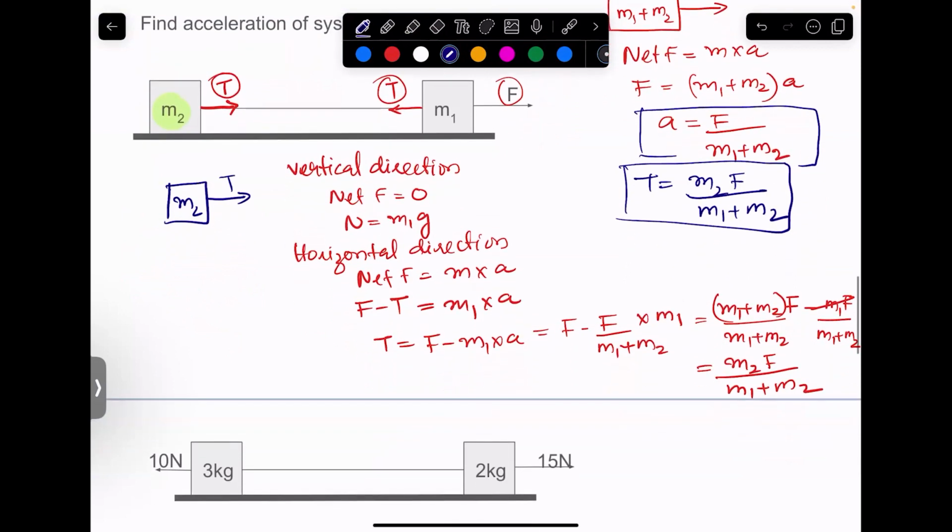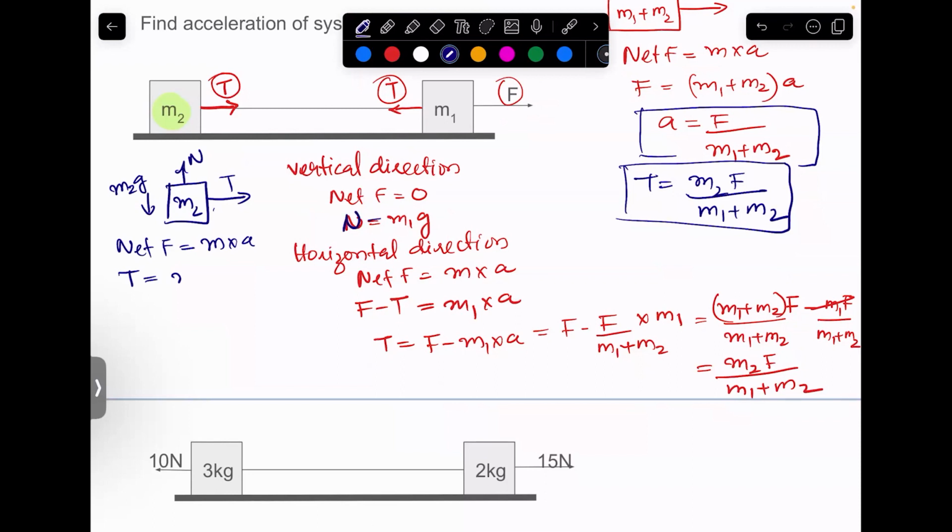So what is happening over here? Net force equals mass times acceleration. Here also the reaction force and weight are there. Weight is acting downwards, M2G.